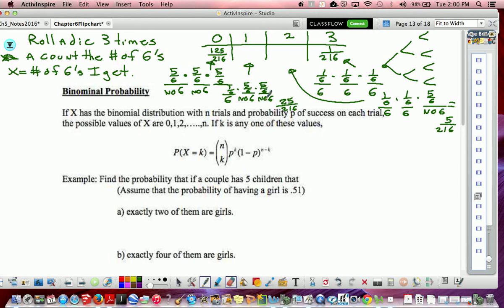Yeah. So that's another possibility. Likewise, no 6, no 6, 6 is yet another possibility. There are 3 different ways the 6 could have happened: on the first die, the second die, or the third die. So this probability has to be multiplied by 3. So this ends up being 75 out of 216.